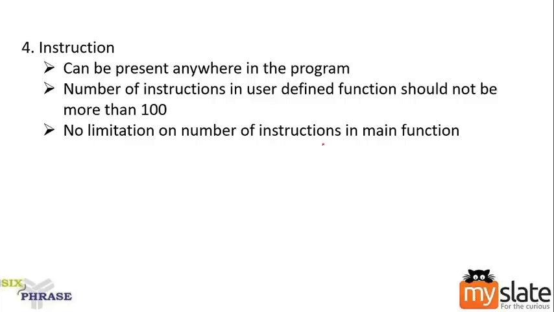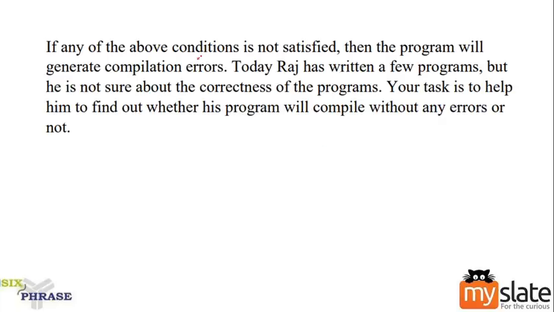Okay, now why did they give us all these conditions? See, if any of the above conditions is not satisfied, then the program will generate compilation errors. I think we are very familiar with this. Even when we type code in any compiler, if you don't follow the rules, if the brackets are not balanced, we will get a compilation error.